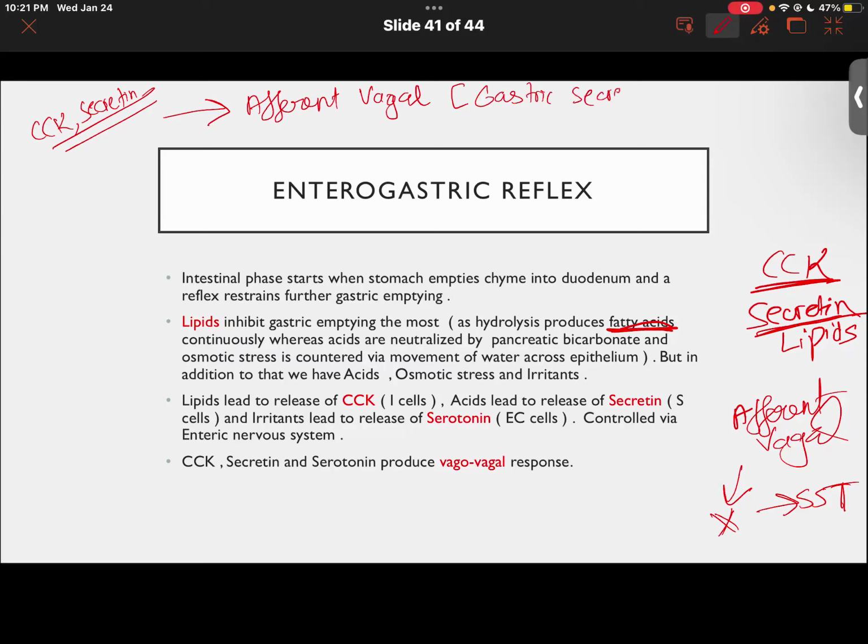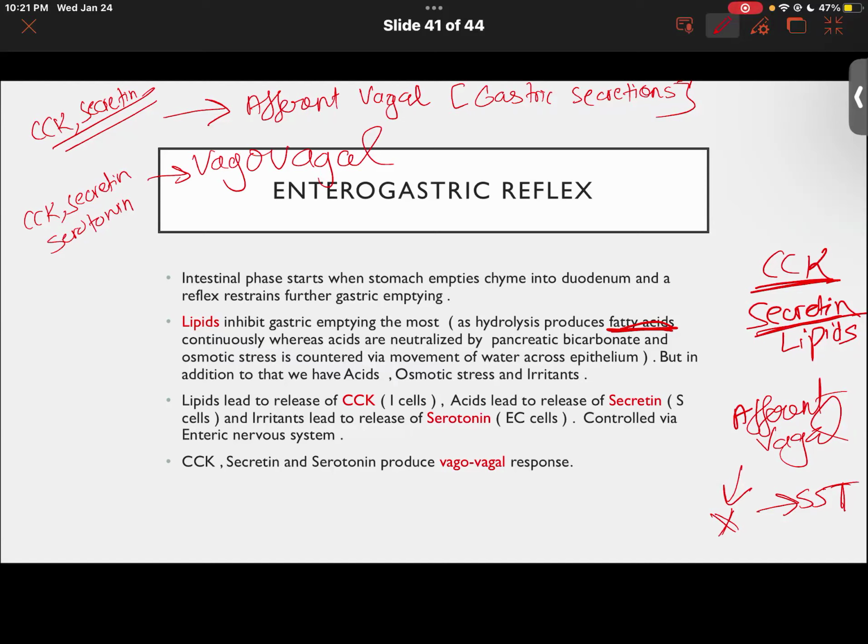But when we're talking about gastric emptying, CCK, secretin, and serotonin, the same ones, activate vagal. Please don't make a mistake in this because I feel like this is confusing and easy to make a mistake. But just listen to me for 1 second.